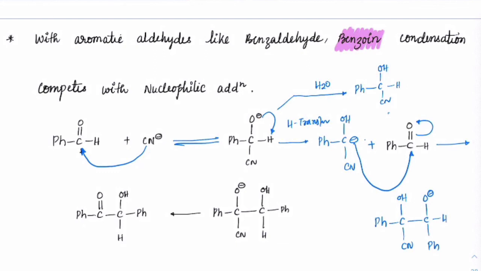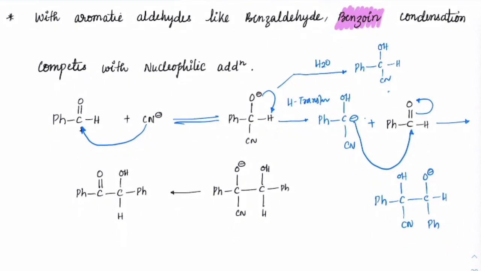The other reaction is that because this O minus is donating in nature on oxygen, and CN is a withdrawing group, Ph is a withdrawing group here, this oxygen can extract this proton, make this as OH, and the C minus which is forming can attack as a nucleophile onto the second mole, and we might get this product as well.